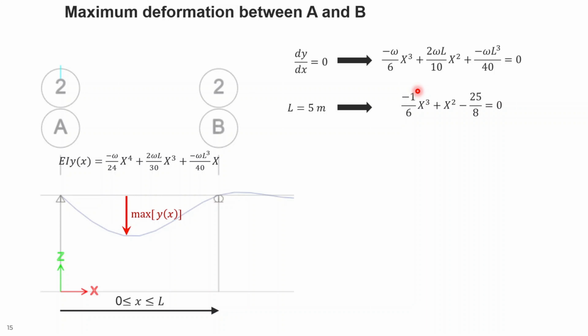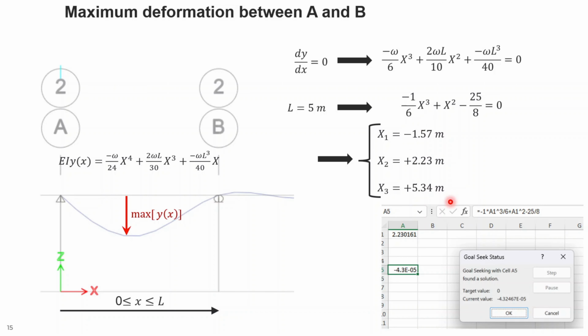However, if you set the values of L and omega into the equation, you need to solve this one, and you can do it very easily by using Excel. I'll show you how you can use the goal seek in Excel to come up with the three roots of this equation.